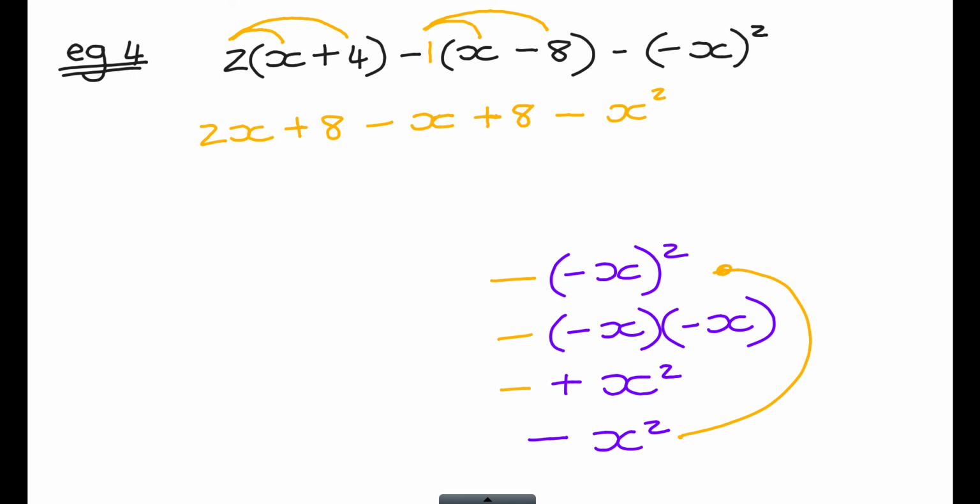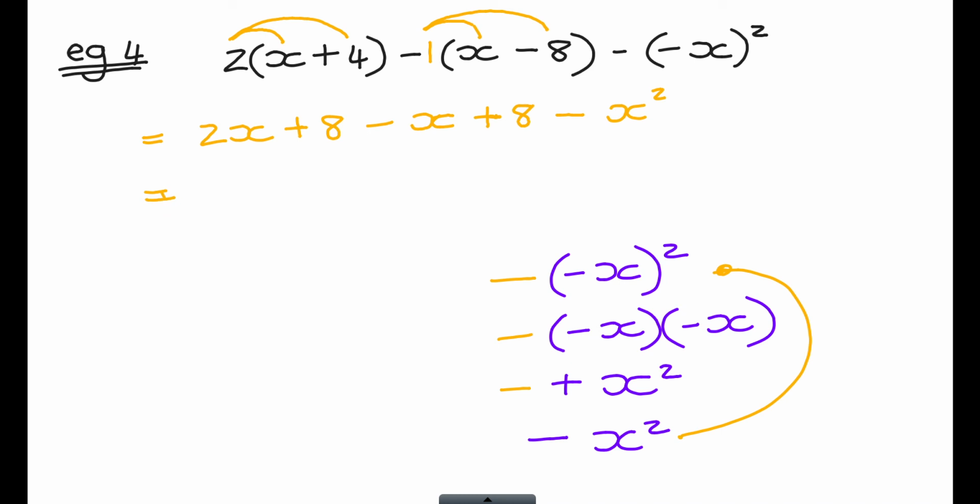Okay. Right. Now we must simplify. So let's look for like terms. Are there any normal x's? I've got 2x and I've got minus 1x. So 2x minus 1x will give me 1x or just x.